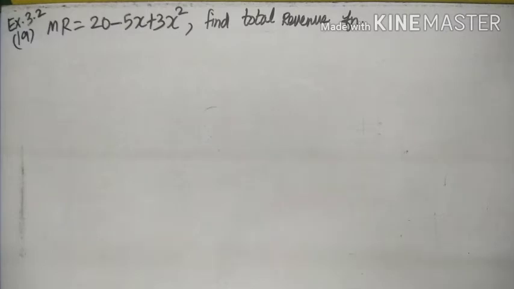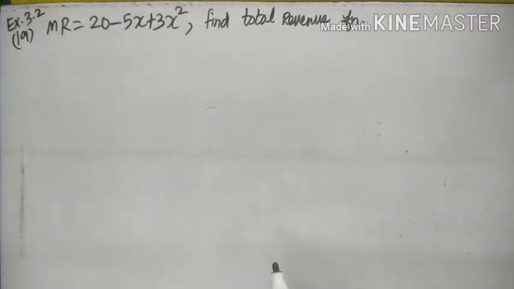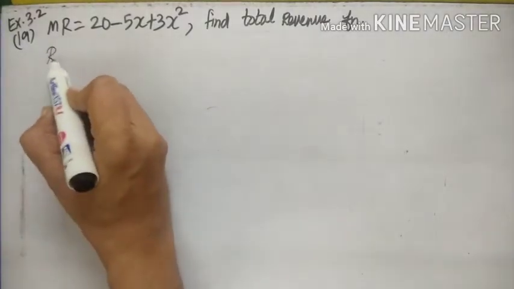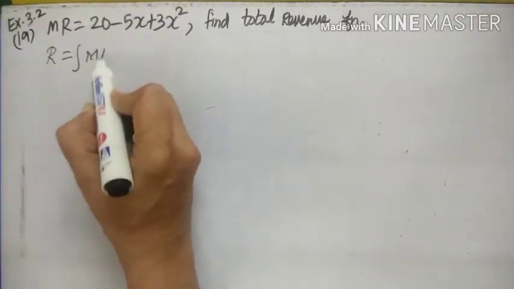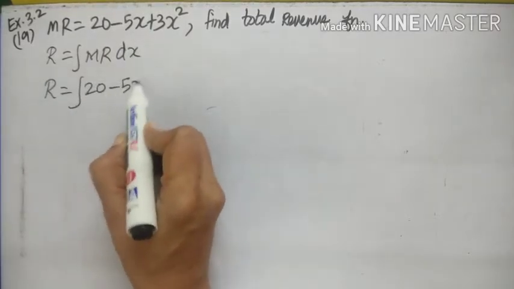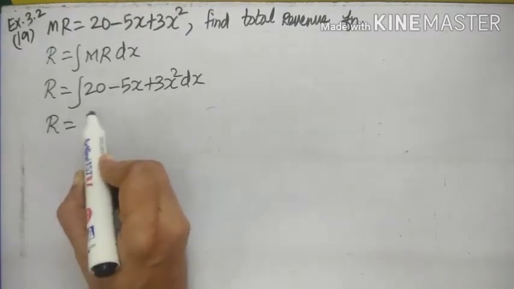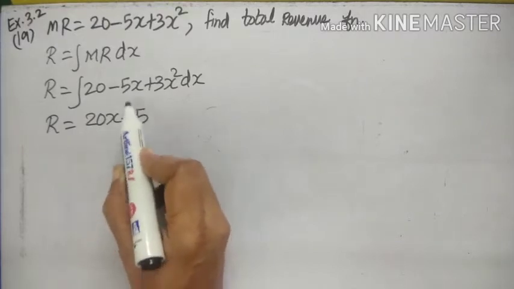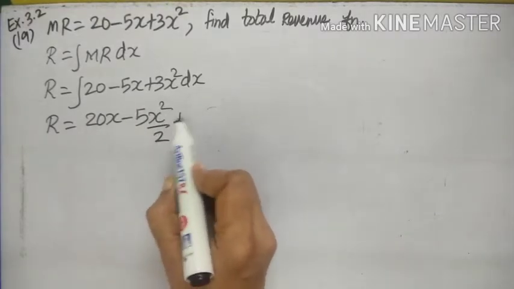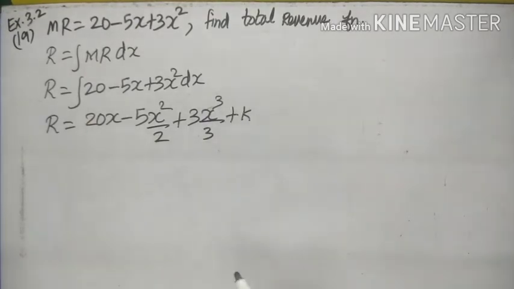Question number 19. Given marginal revenue 20 minus 5x plus 3x square, find total revenue function. R is equal to integral MR dx. R equals integral 20 minus 5x plus 3x square dx. 20 becomes 20x, minus 5x becomes x square by 2, plus 3x square becomes x cube by 3, plus constant.